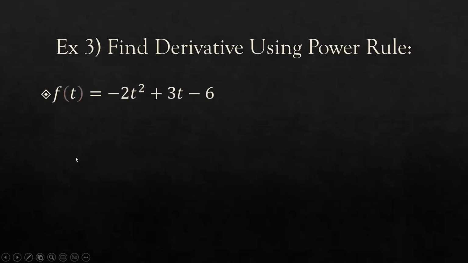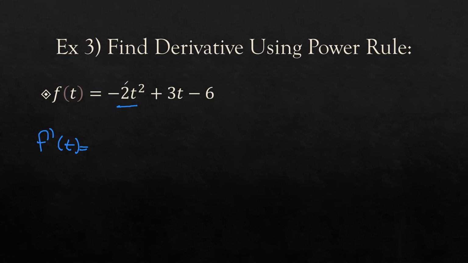Okay, so now as you can see, you have 3 terms. That's okay. What you would do is just take the derivative of each term, applying the power rule. So it's going to be f prime of t. Start with the first term. What's the derivative of negative 2t squared?